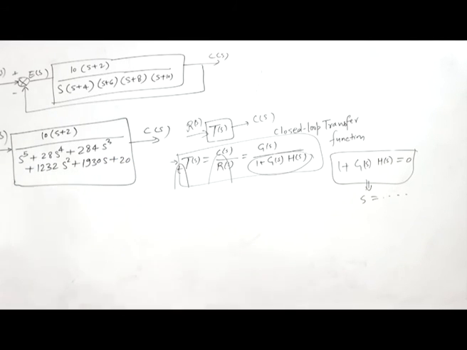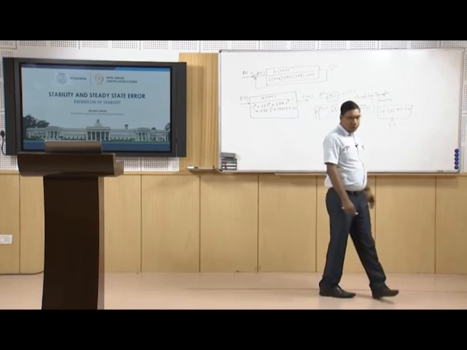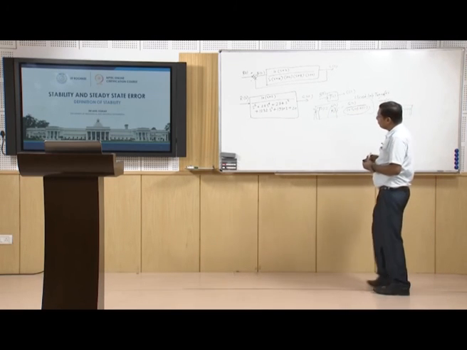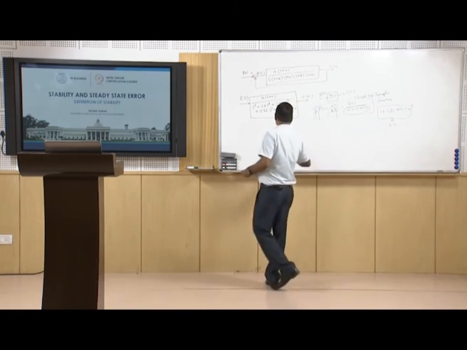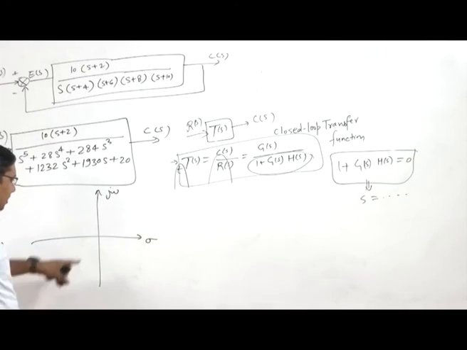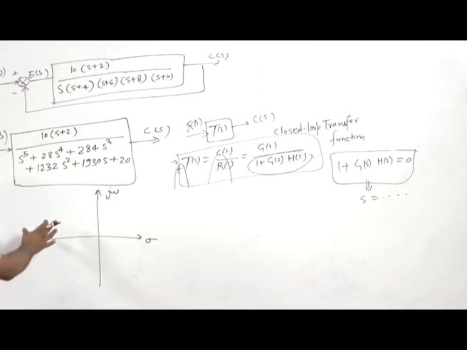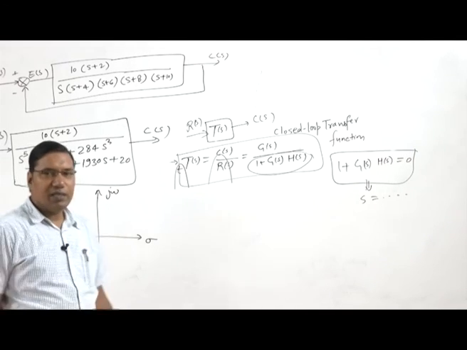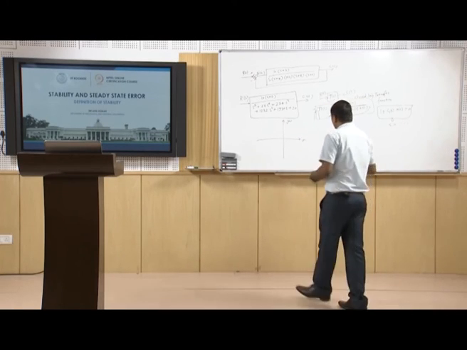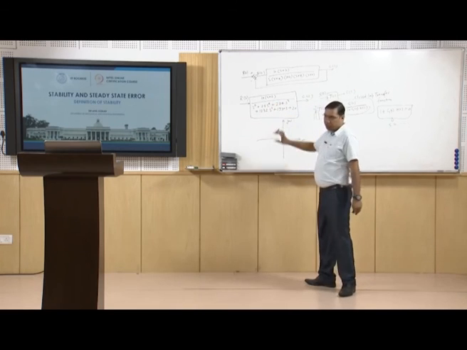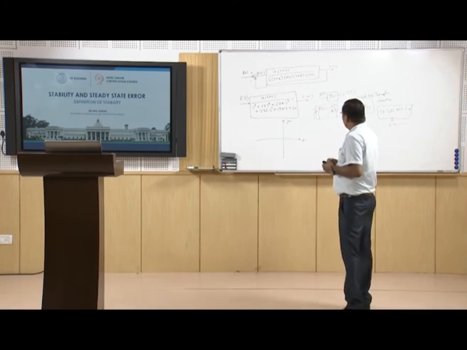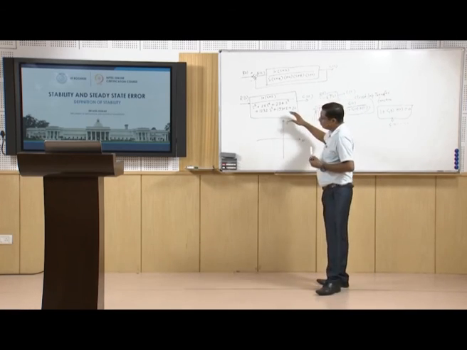So this is T(s). So to find the poles, we have to calculate s, and then we have to see whether it is located on the sigma j omega axis, that is the s plane. We have to locate it, and then we can tell whether the system is stable or not. So we need to solve this polynomial. This denominator expression we have to solve and find the values of the poles.